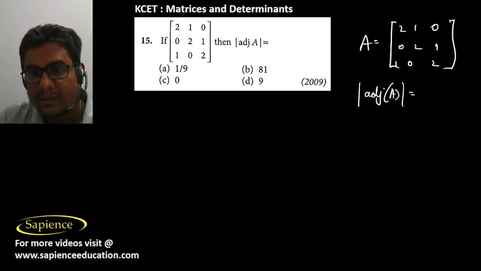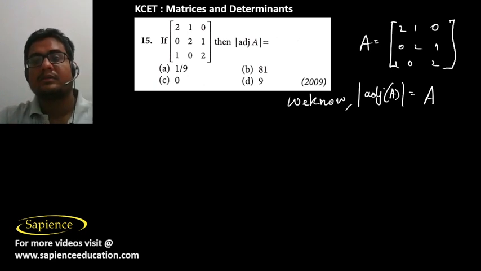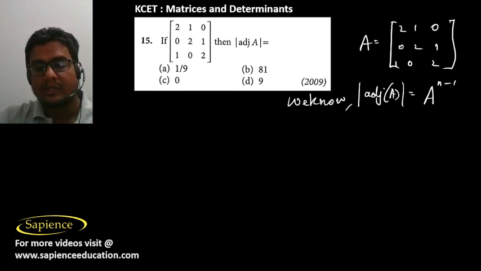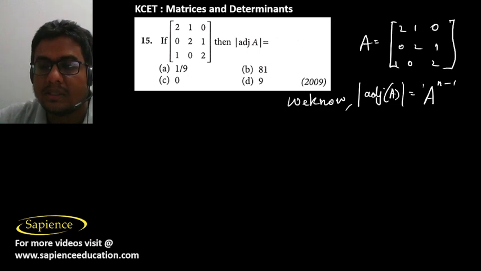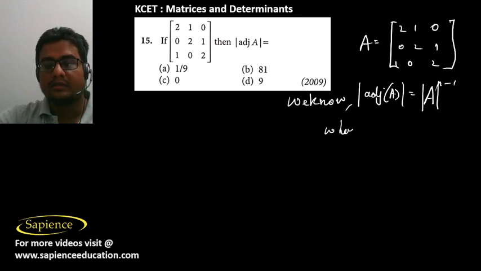So we know that the determinant of adjoint of A is given as determinant of A raised to the power n minus 1, where n is the order of matrix A.